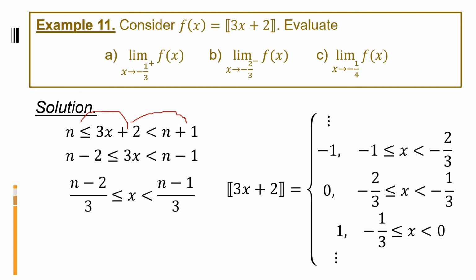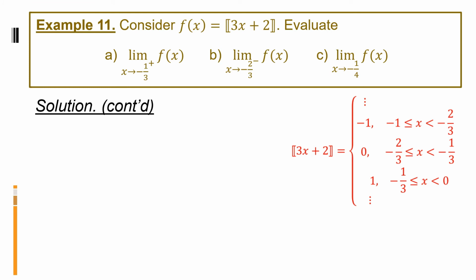So we can now set up our piecewise function defining our greatest integer 3x plus 2. So we have negative 1 whenever x is greater than or equal to negative 1 but less than negative 2/3. 0 whenever x is greater than or equal to negative 2/3 but less than negative 1/3. 1 whenever x is greater than or equal to negative 1/3 but less than 0, and so on and so forth.